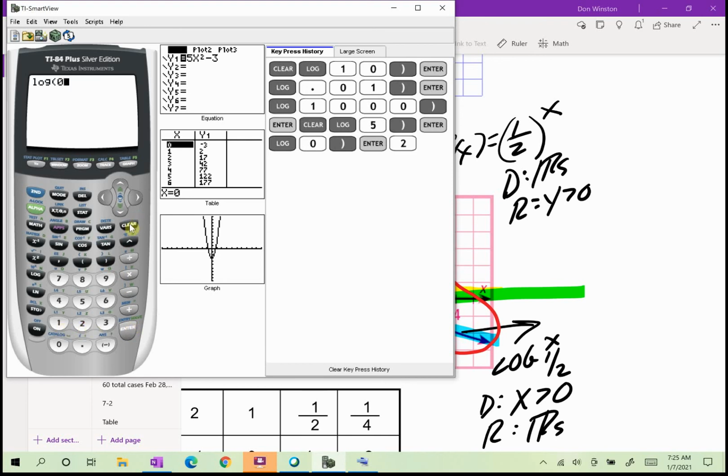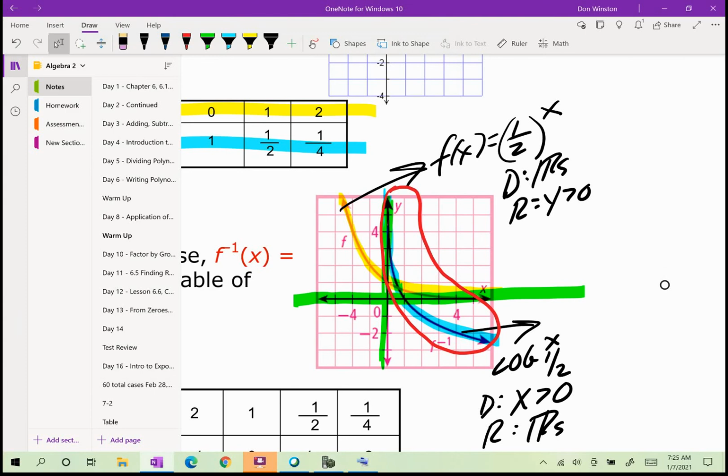In other words, you can't take the log of any base where your input or your domain is not greater than 0. It just can't happen. So if I want log of -1, that's going to give me an error too. Impossible. So the domain for the log function is always x is greater than 0 unless we make a transformation, which we'll do later on.